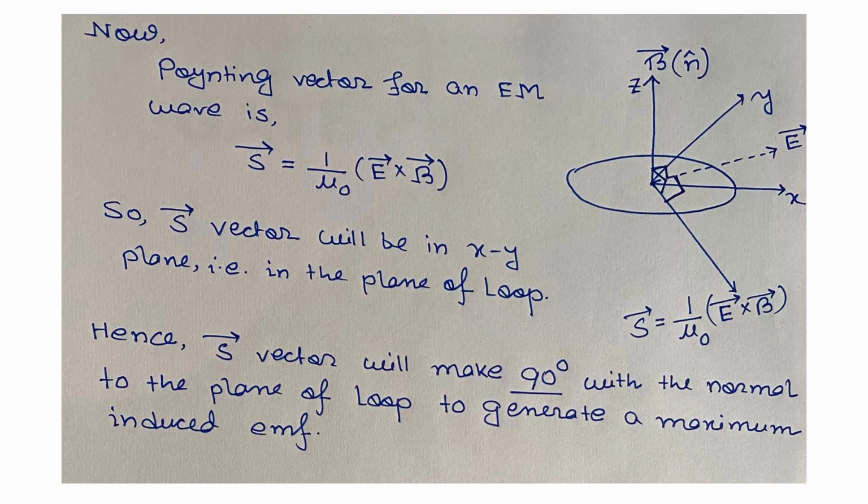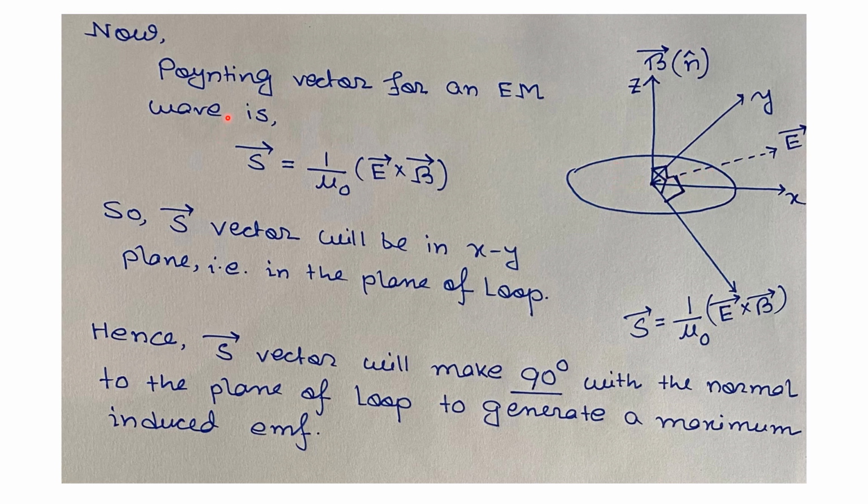So till now what we have seen is that our magnetic field vector is along or antiparallel to the normal to the plane of the loop, and the electric field vector will be in the plane of the loop.